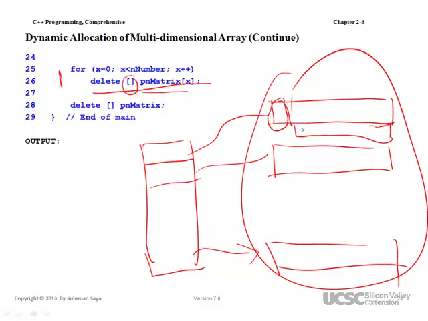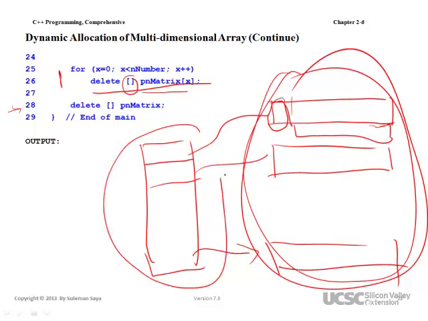That will be the memory leak, and you want to make sure we avoid that. And then at line number 28, once all these data arrays are gone, we'll delete this array of pointers or array of addresses.